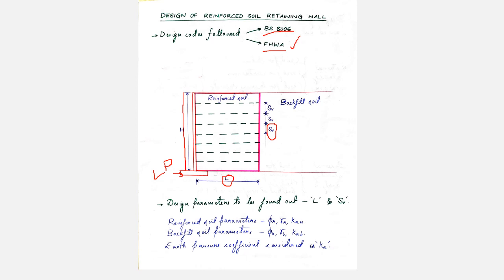L actually denotes the length of the reinforcement which is used in the soil, so to that extent, it becomes a reinforced soil block. This pink rectangular portion is your reinforced soil block. That shows the extent up to which your reinforcements are embedded into the soil.